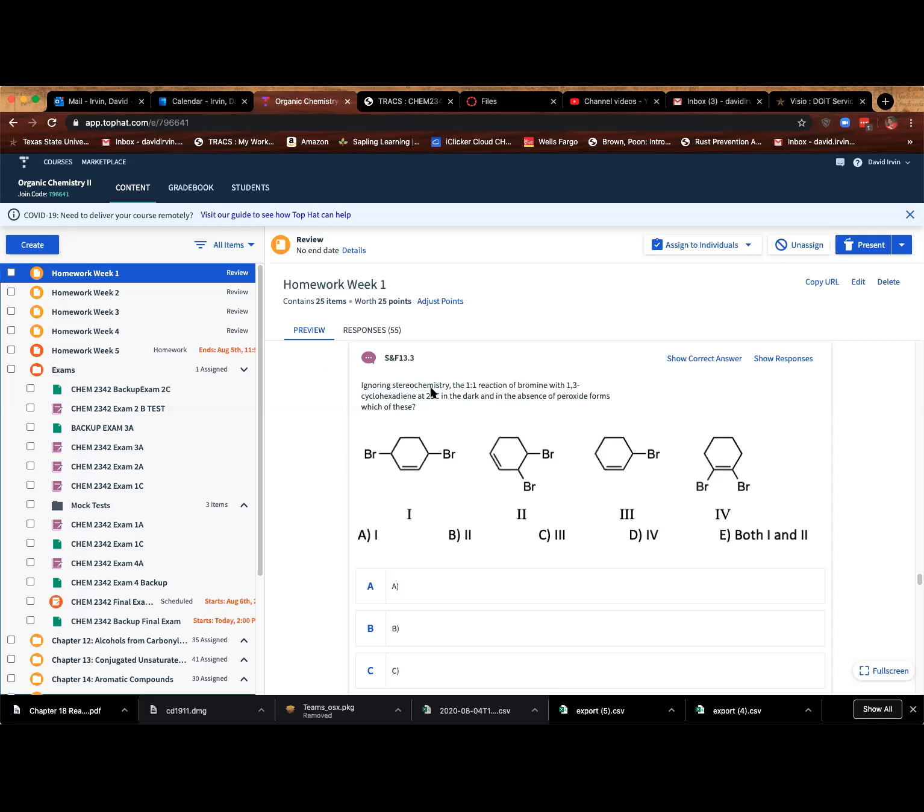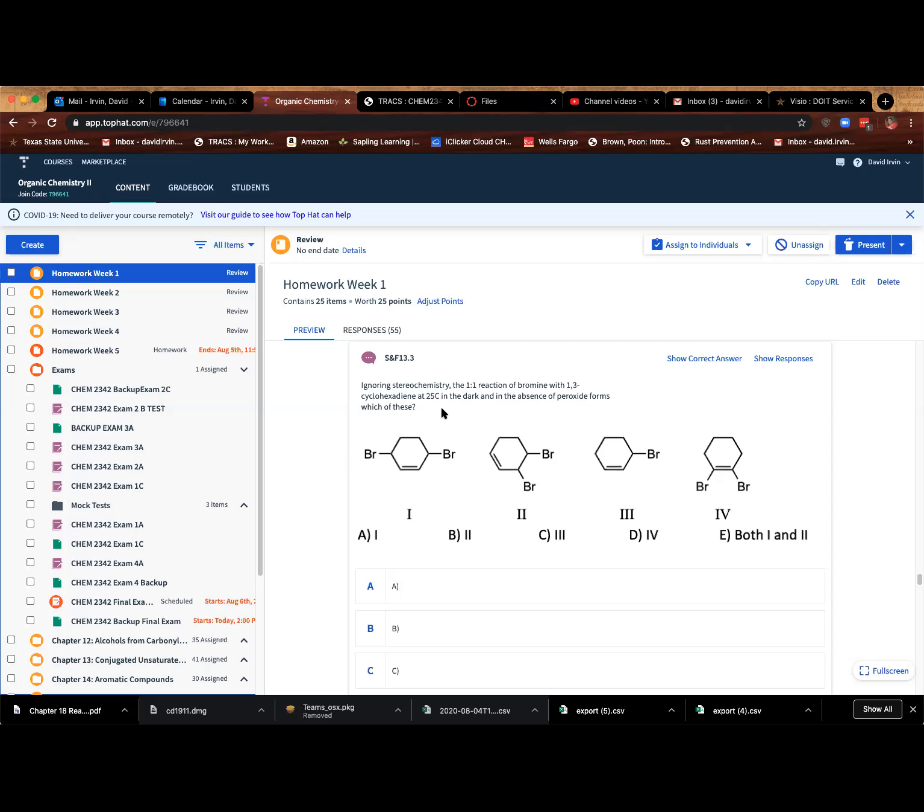Yes, I can. Okay. So right here we have a really good thing to do. Let's start with what we know. Ignoring stereochemistry, we have a 1-to-1 reaction of bromine and 1,3-cyclohexadiene at 25 degrees in the dark. The first thing we do is draw cyclohexadiene.